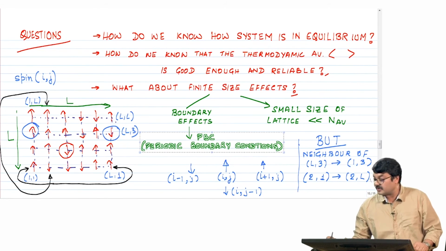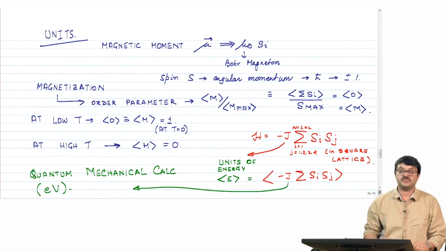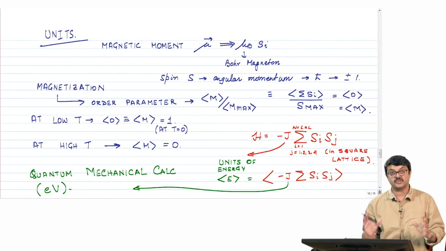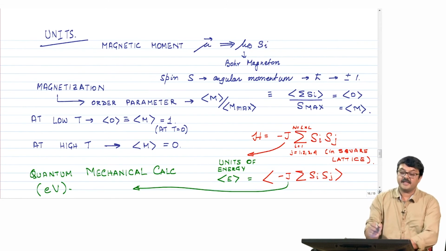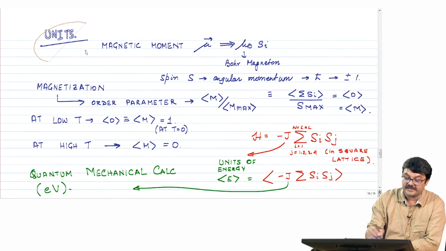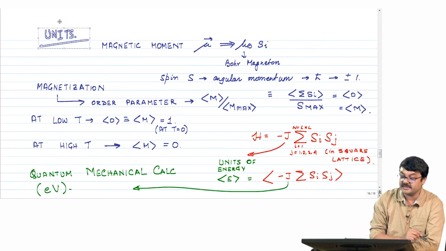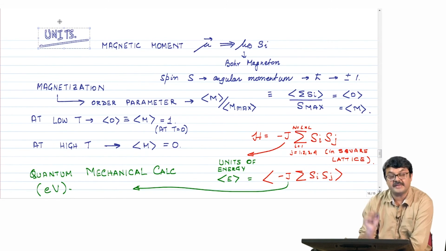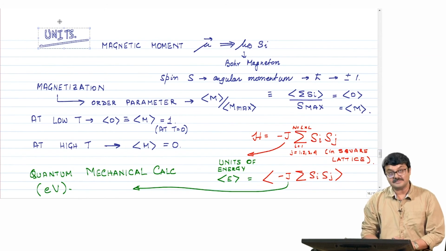Okay. So, the next thing to discuss before we actually move to the computer code and show how the algorithm is implemented is the issue of units. What do I mean by units? You already know that we are looking at magnetism.